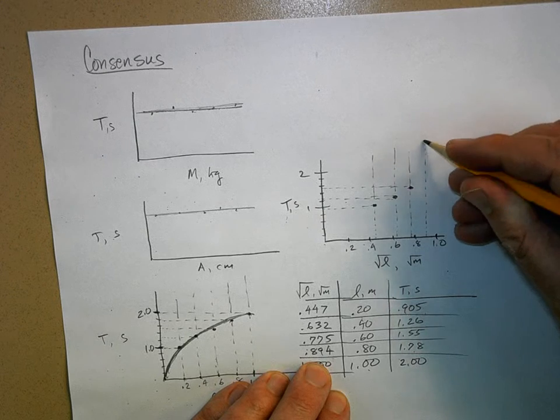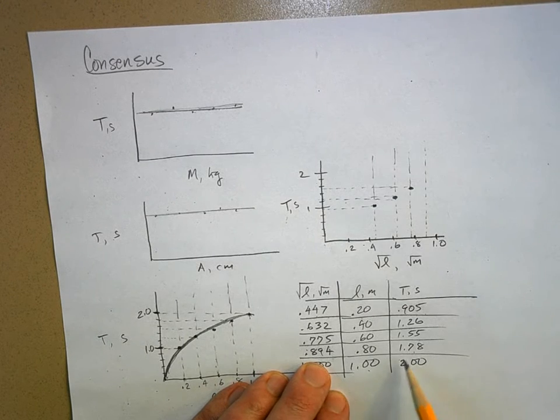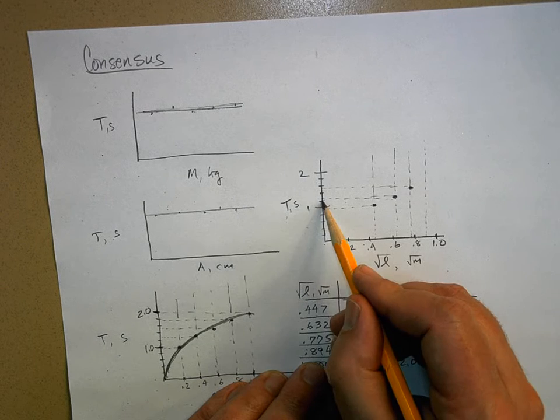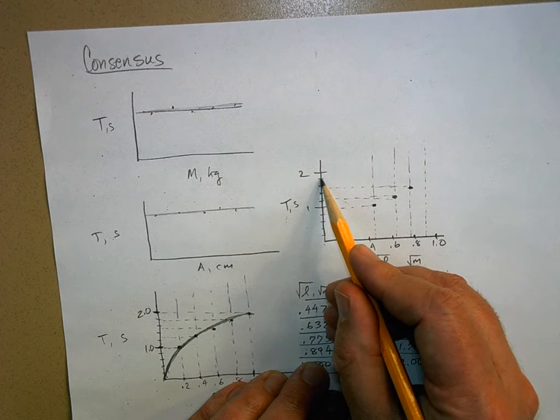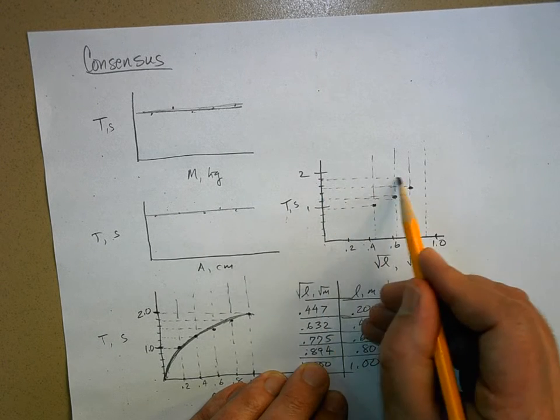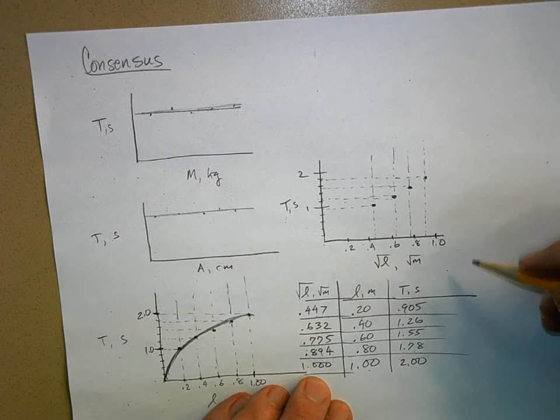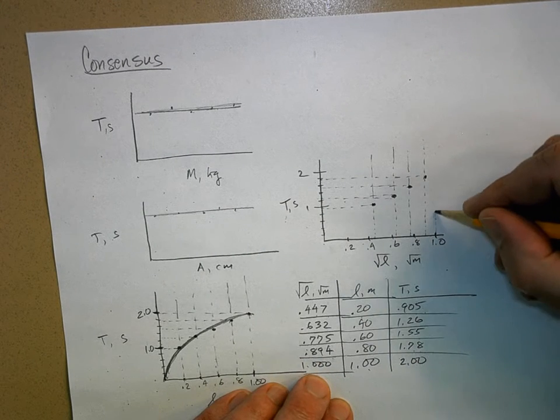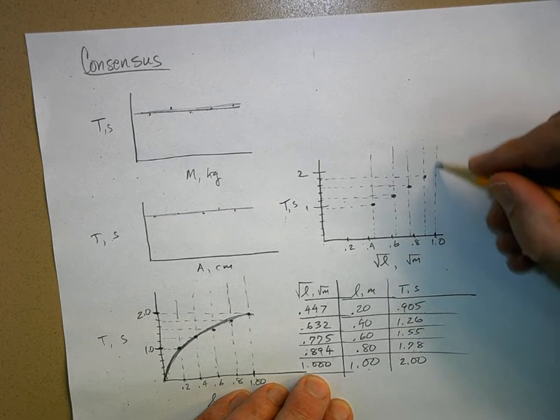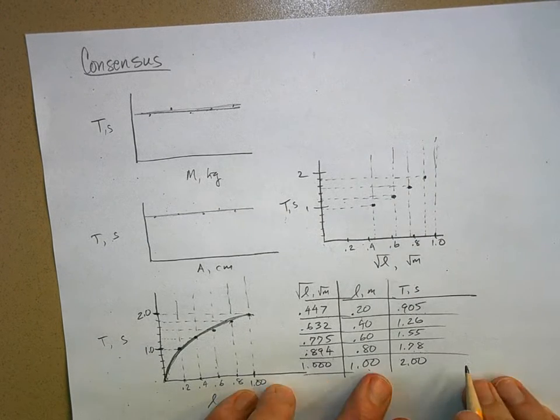Remember, this is just a hand sketch, but it works pretty good. And 1.78, right about there. And then at 1, you get 2.